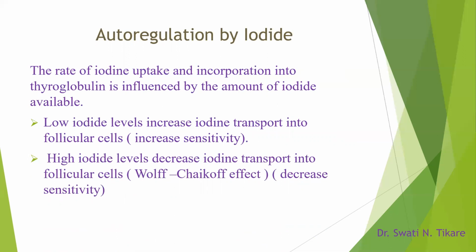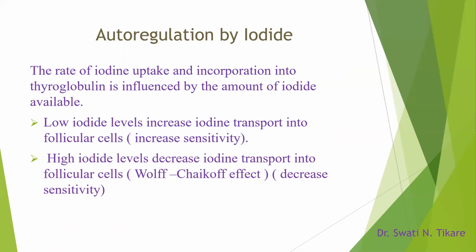Whereas if there is a high iodine level in the blood, the body doesn't want all the iodine to come inside and excess to be formed. So what does the body do? It decreases the iodine transport into the follicular cells. When high iodide levels are there, it decreases the iodine transport.